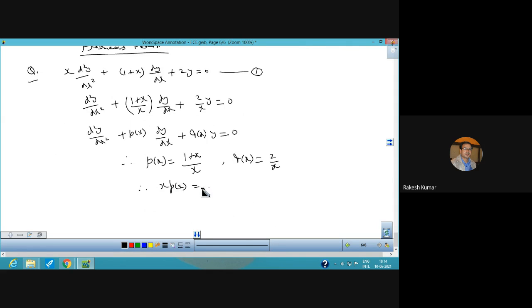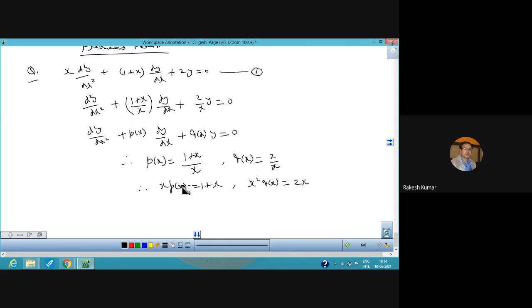So x p(x) is 1 plus x, and your x square q(x) comes out to be 2x.